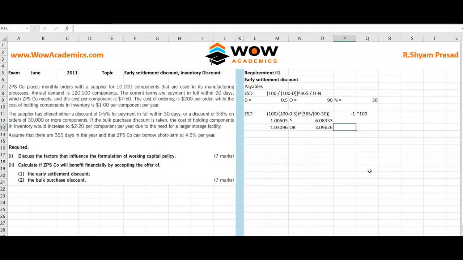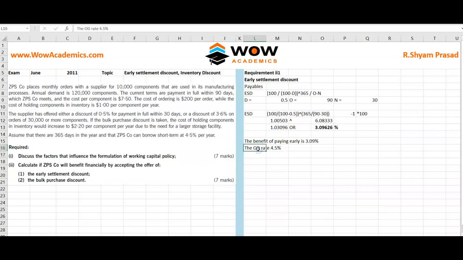This percentage number is the benefit that you get by paying the payables early. So the benefit of paying early is 3.09 percent, and the overdraft rate, that is if you borrow, you have to pay 4.5 percent.